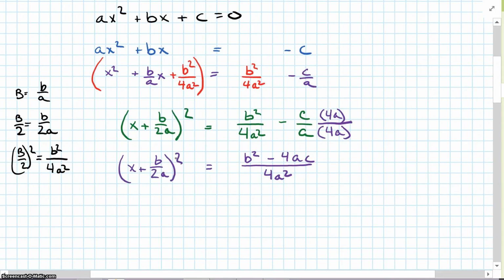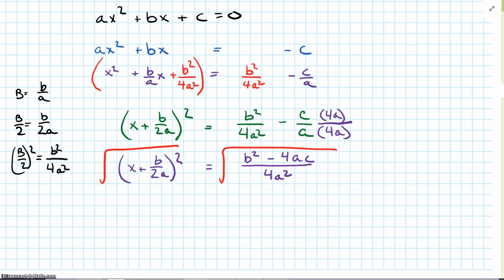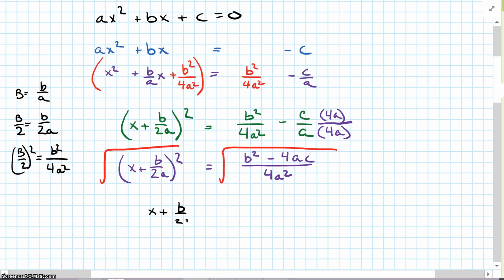It should start to look something familiar to what you're used to. So now I got to square root each side. Okay, when I do that, I get x plus b over 2a equal to plus or minus the square root of b squared minus 4ac over the square root of 4a squared.